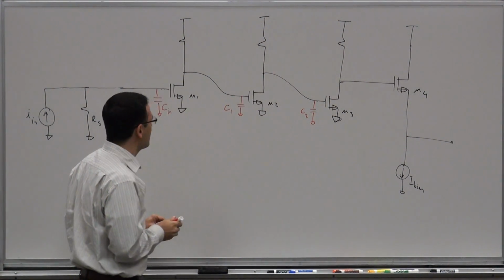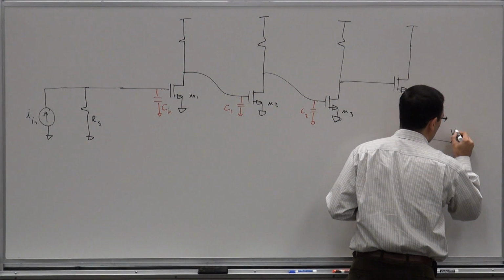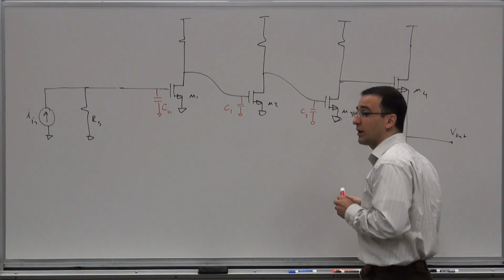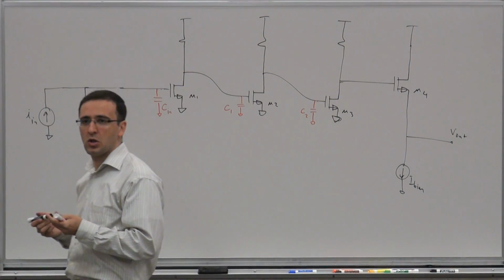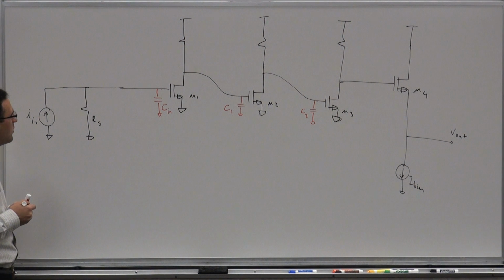At this point, this is an open loop amplifier, right? It's a transimpedance amplifier, really, because it takes an input current to an output voltage. What is its transfer function, or transimpedance, at low frequencies first? Let's go in steps.